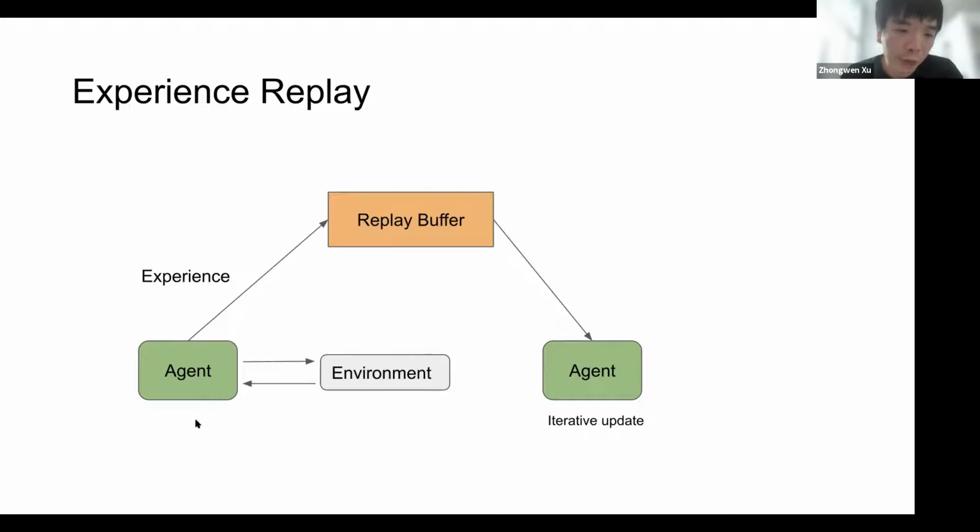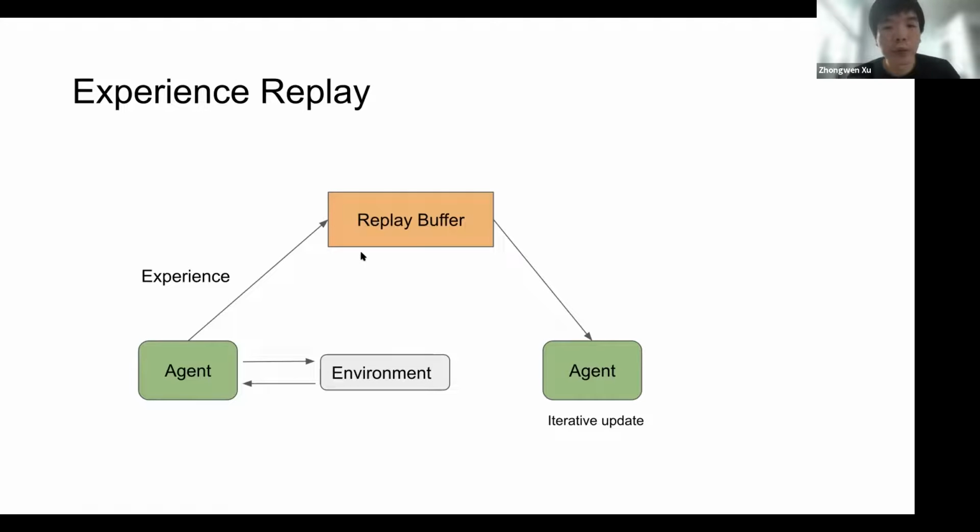From the bottom, there's an interaction loop between the agent and the environment. The agent sends the action to the environment, and the environment sends the observation or state back to the agent. Along the way, the agent will accumulate the interaction experience between the agent and environment, and then they can send it to a storage buffer, which is called the replay buffer.